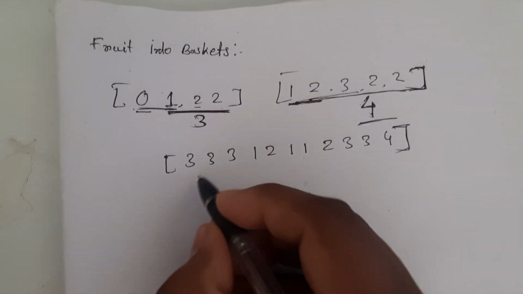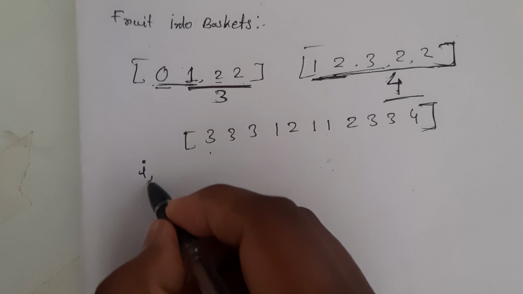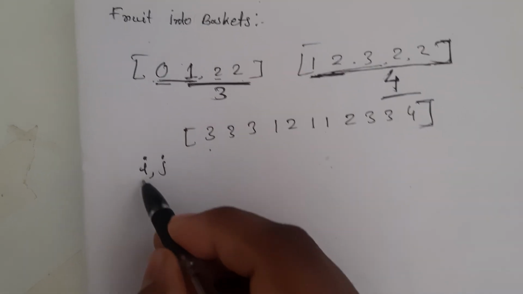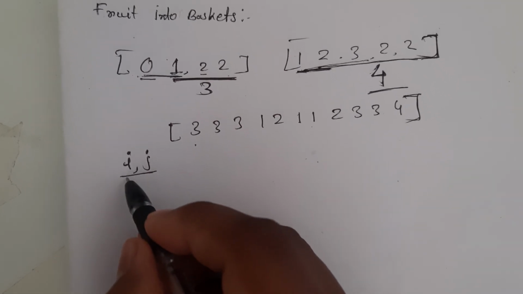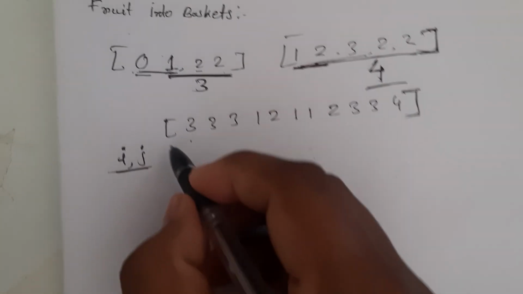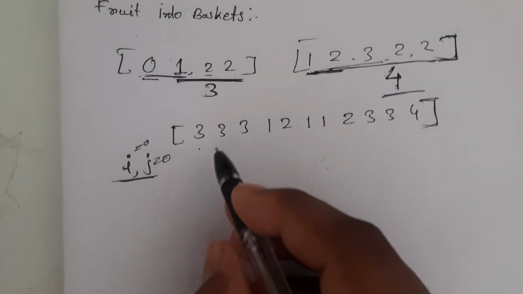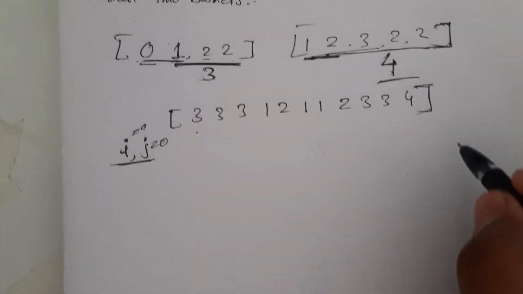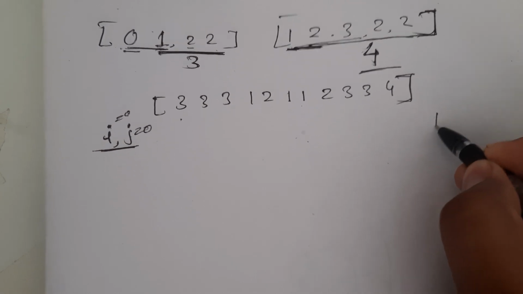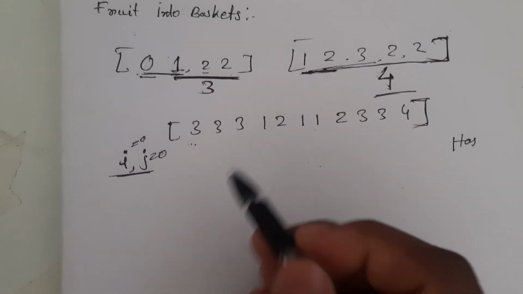We'll use the two pointer algorithm here, i and j, and j minus i will give the length of the subarray. We initialize i equal to 0 and j equal to 0, and create a hash map to store each element and its frequency.